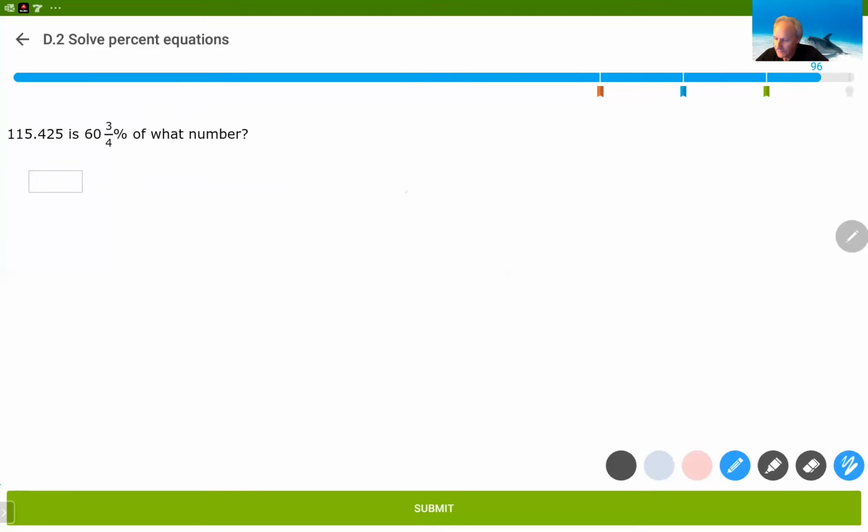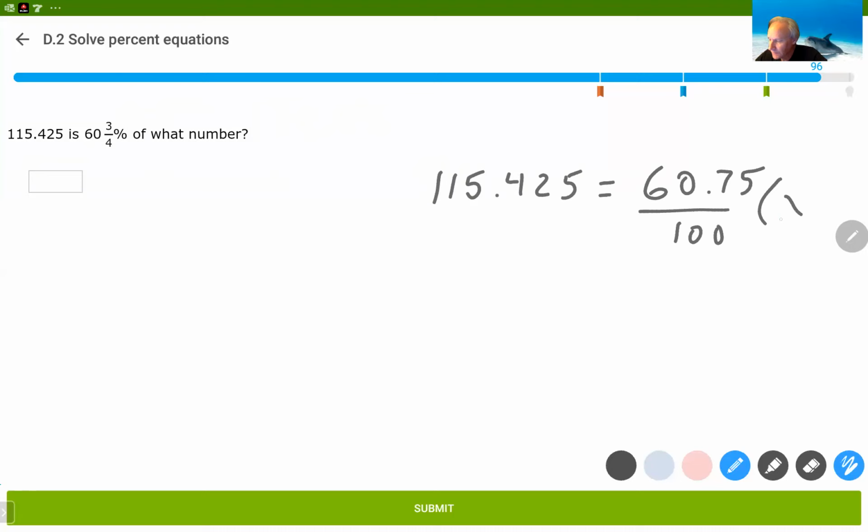Okay, so I got 60.75% of what number? 115.425. And we're going to multiply 60.75% of x. So I'm basically just going to divide by my decimal here.